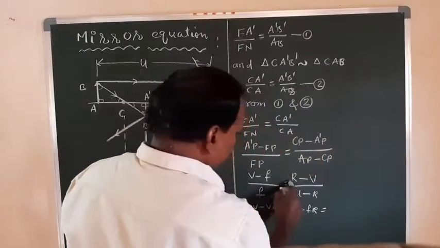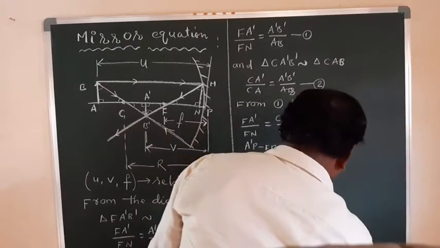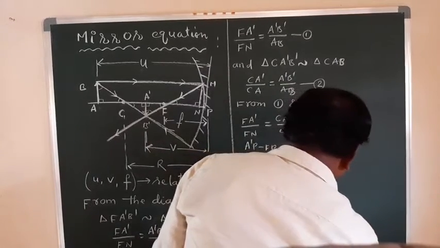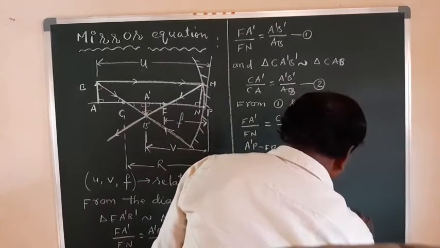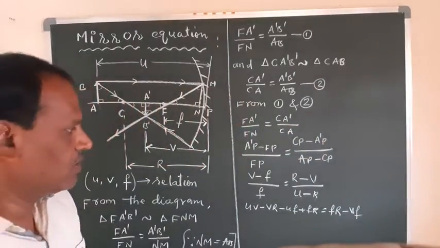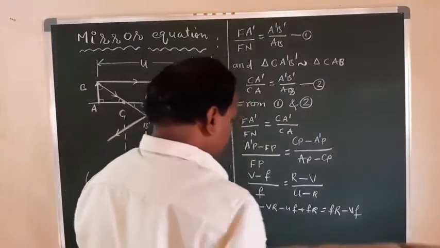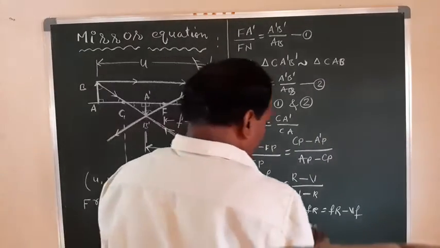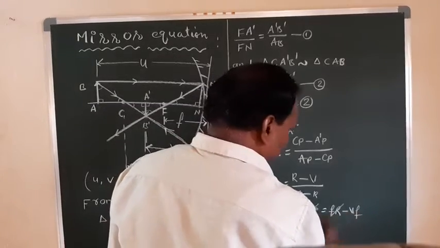now again this one, f into R, FR, right? And minus UF, that is VF, minus VF. Right? Now if you observe this, you can get a simple relation. This FR gets cancelled.